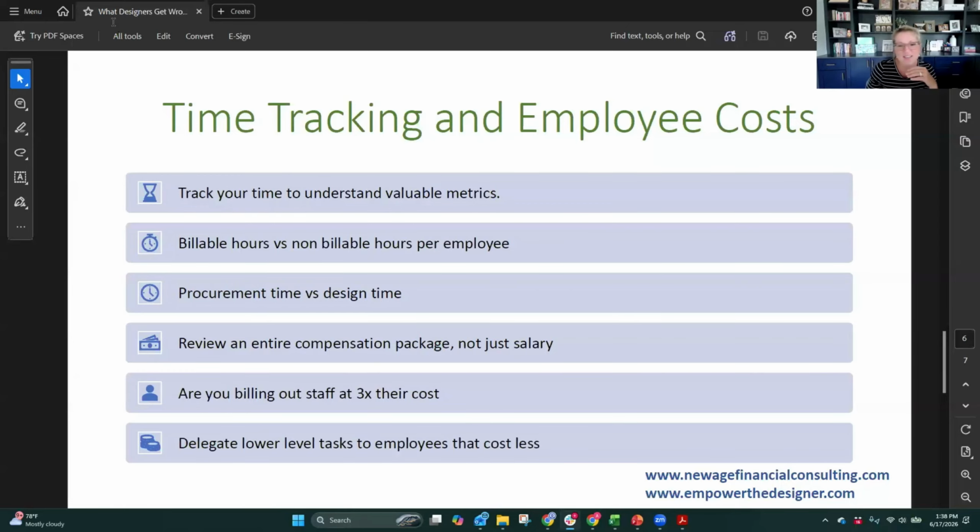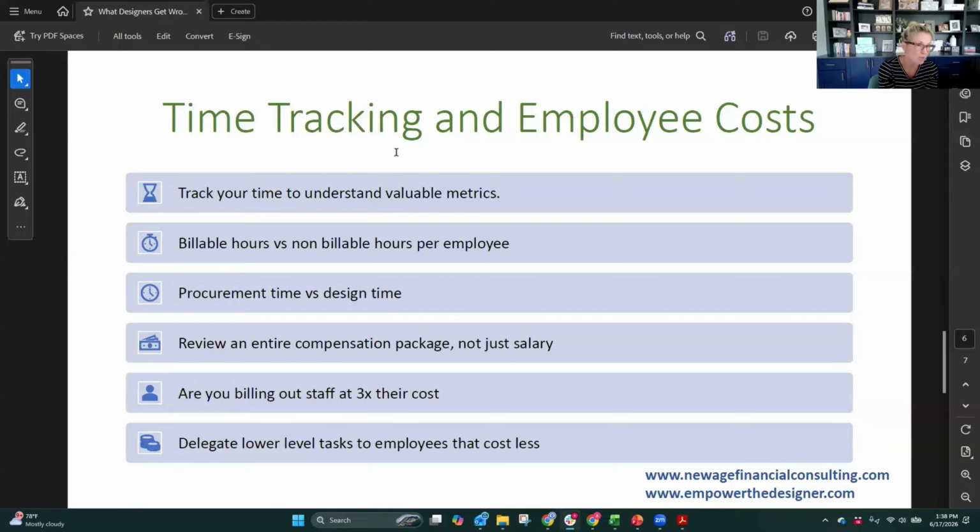So just to go back to such a fan favorite of time tracking and employee costs. Remember, we have two revenue streams. We have our product revenue stream and we have our design fee revenue stream. When we're looking at revenue for our product, our cost of goods are a direct cost.